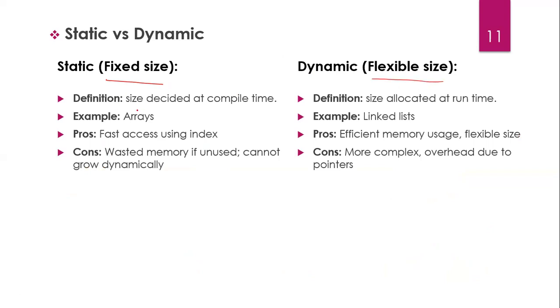The size is decided at compile time, at the start of the program, we make the size for the static structures, and for dynamic ones the size is allocated when it runs. For example, we can say arrays for static. For dynamic, the examples are linked list, queue, and stacks.